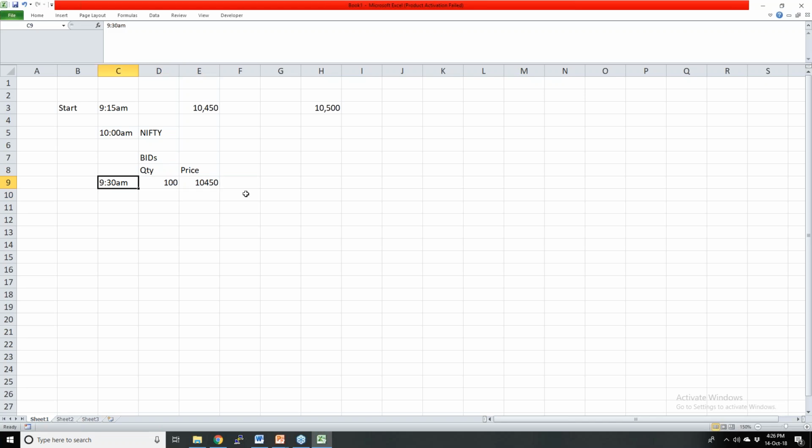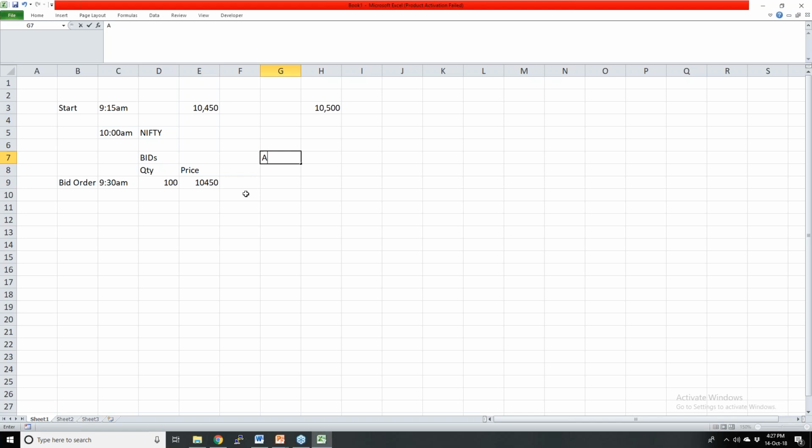So this would be a bid order. And any buying or selling happens through orders, and orders are nothing but a set of instructions. So a trader would send an instruction that I want to buy 100 shares at a price of 10,450. So this is a bid order.